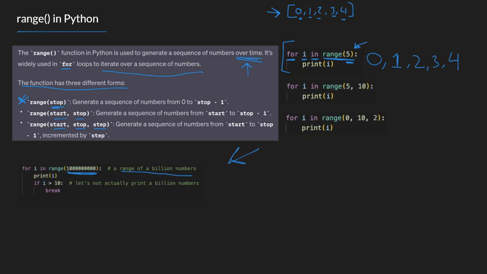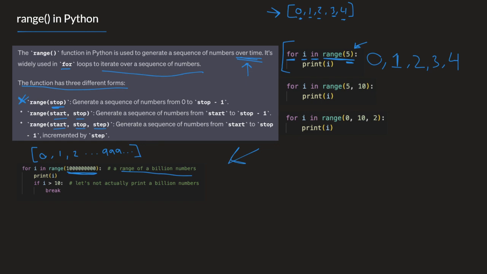Imagine if Python created an array from 0 to 999,999,999, a very, very large array. That is not memory efficient. That's going to take up a lot of memory, and in an application, it might even make the application crash.